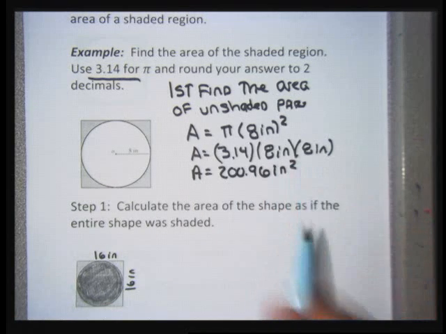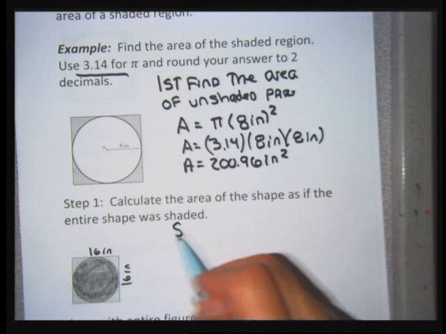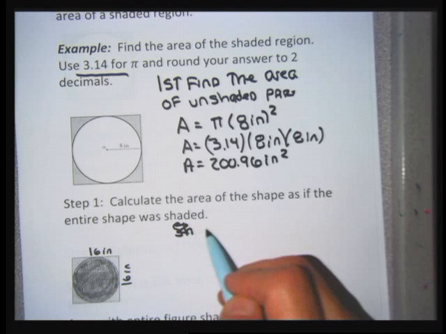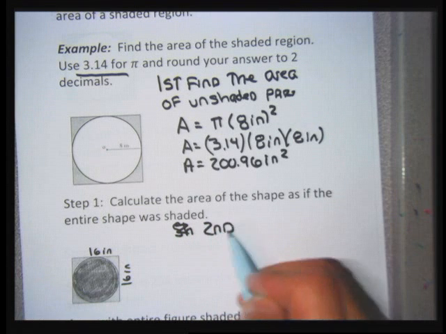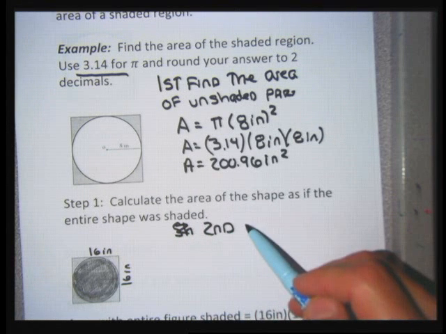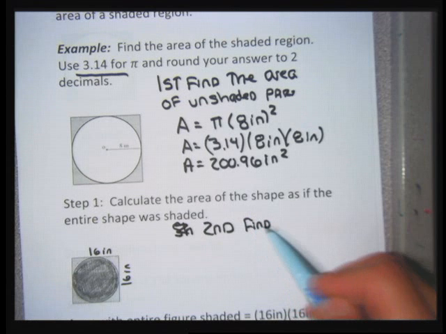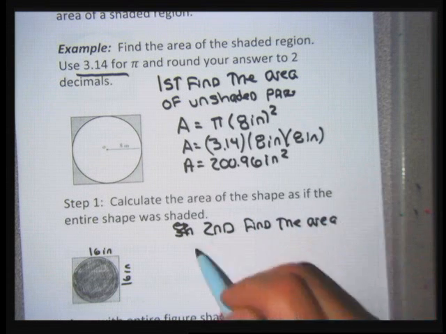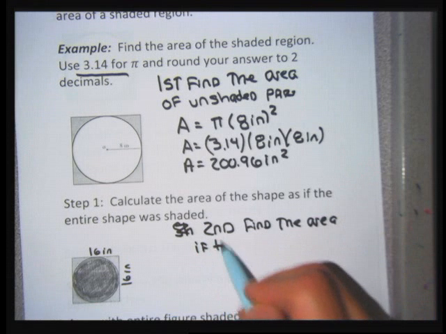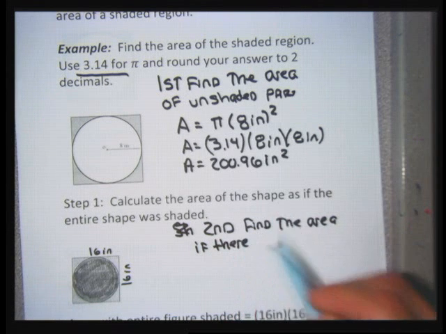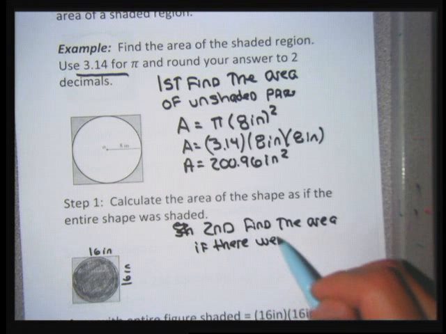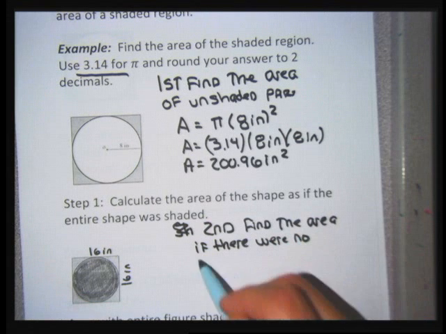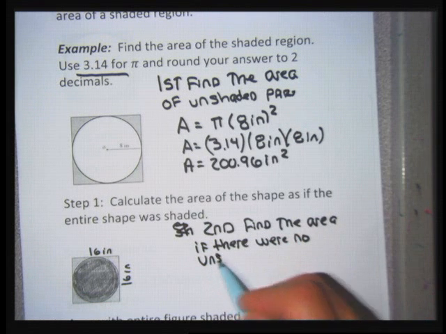The next thing I'm going to do is shade the whole shape in. I'll find the area if the whole shape was shaded in. So find the area if there were no unshaded part. And then I had to get a little bit clever.